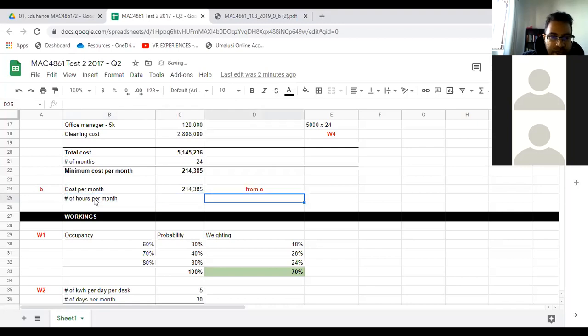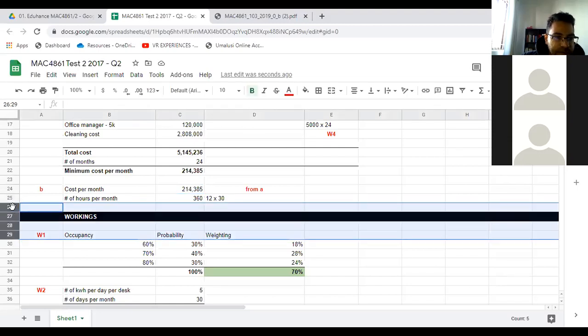So the number of hours per month, 12 hours per day times 30 days. So therefore this is going to be 12 times 30. So the monthly cost divided by the number of hours per month is going to give us a cost per hour.